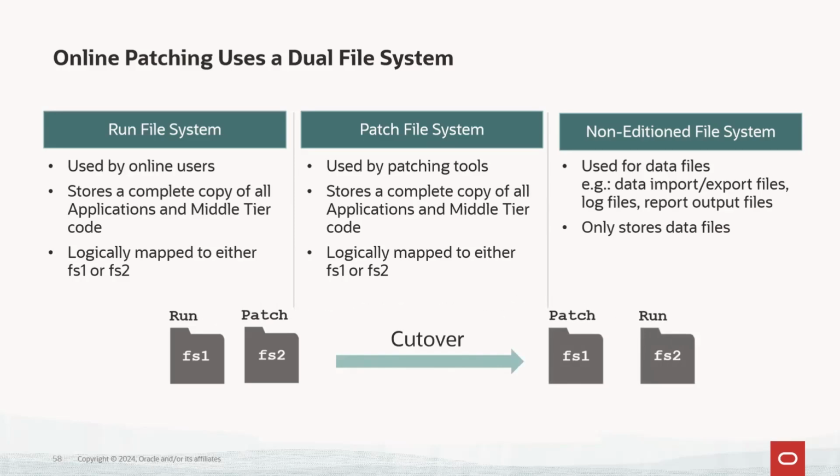And when you come live again, the newly patched FS2 is named as the run file system, and what was formerly the run file system is now the patch file system, kind of waiting on standby until the next patching cycle. There's actually a third file system known as the non-edition file system that is for non-code files, files that never are patched.